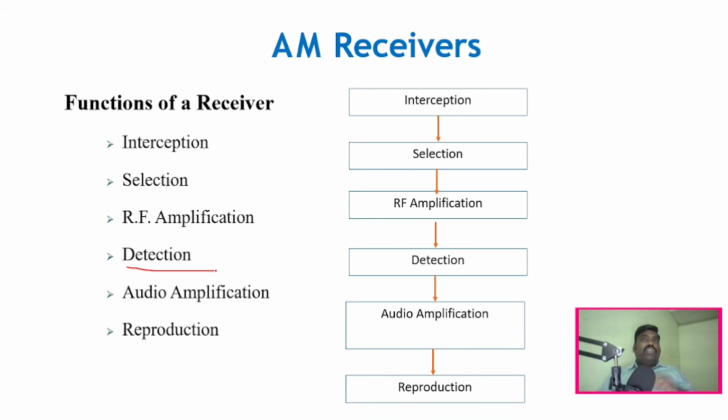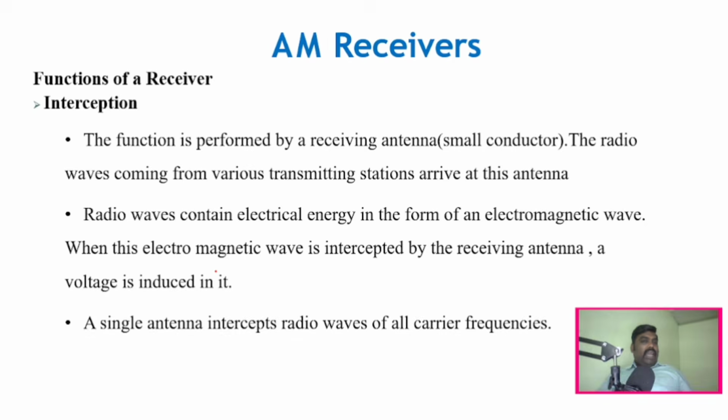That original message signal is a low frequency signal, and it is amplified using a series of amplifiers, where you can do audio amplification, and then it is reproduced. Reproduced in the sense that it reproduces the original message signal. These are the functions of a receiver. We will see them one by one. As I said, interception is performed by the antenna.